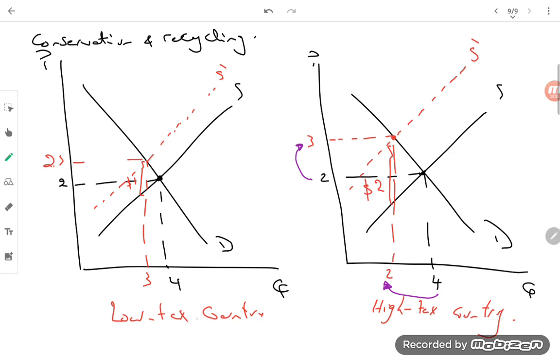While in the case of the low tax country, consumption is going to decrease from 4 to 3, while price will increase from 2 to 2.5. So this means that the high tax country encourages greater conservation than the lower tax one. In other words, if you impose a higher tax compared to other countries, the amount of pollution is going to decrease as people will consume less of these commodities.